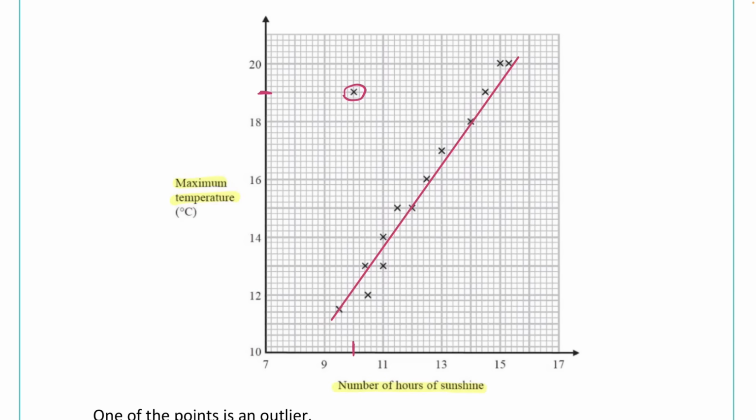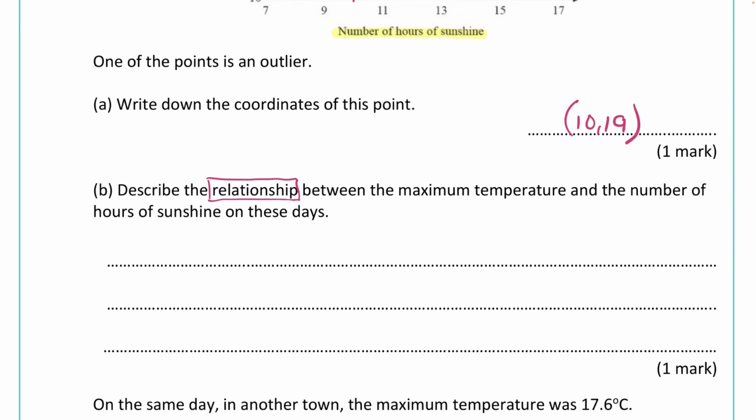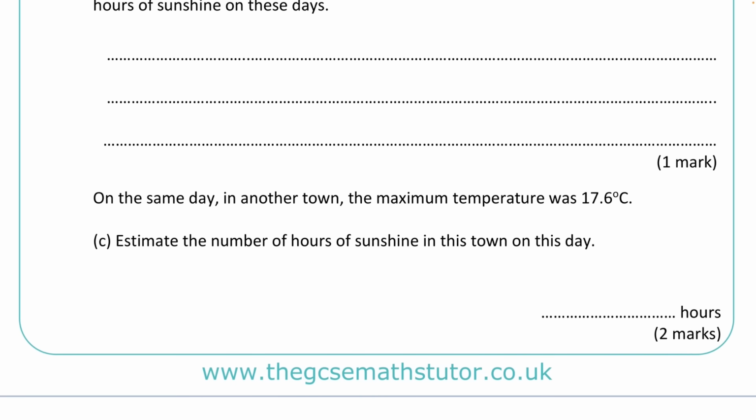So for example, as the number of hours of sunshine goes up, the maximum temperature goes up. Of course, if it had a negative correlation, it would be the other way around. As one goes up, the other goes down. But as this has a positive correlation, it's as the number of hours of sunshine goes up, the maximum temperature goes up. So there we go. We won't write that out, but there is a description of that relationship.